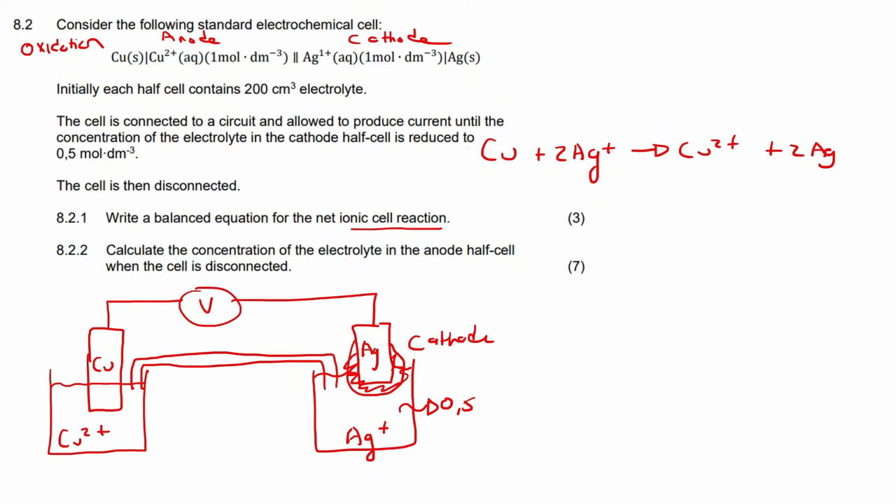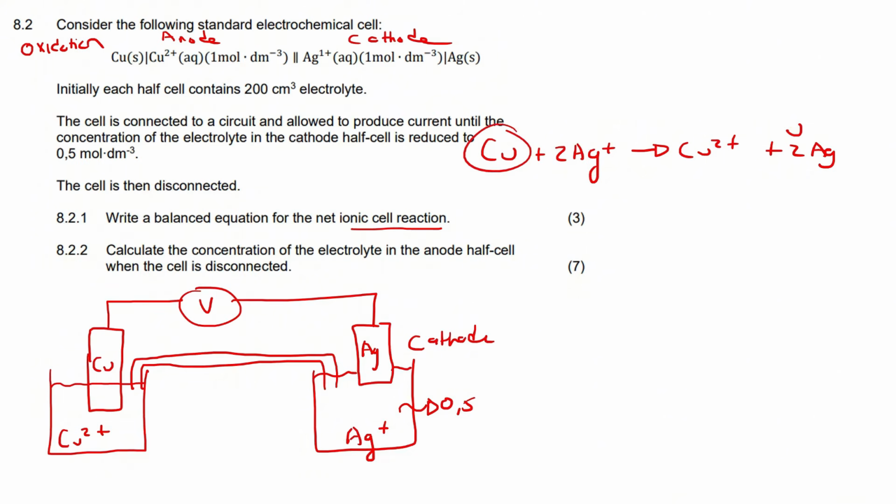And so that also helps us to understand why the concentration of the cathode is going to go down, because what we can see is that this Ag+ is starting as a reactant and then it's converting into Ag. So like we said, the amount of Ag is going to go up and the amount of Ag+ is going to go down.